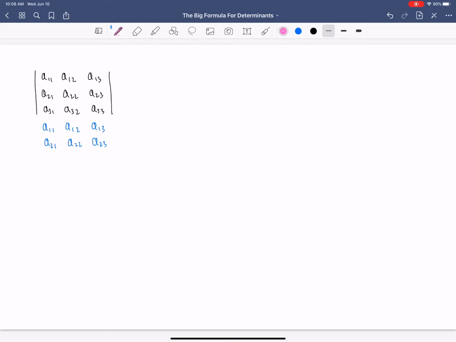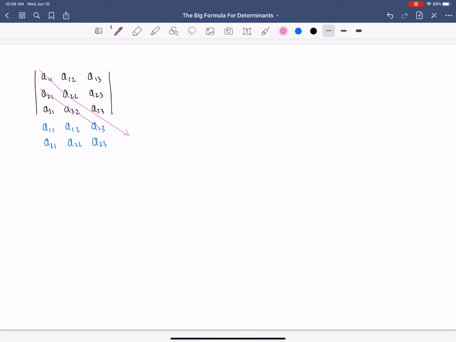Now, I'm going to be looking for diagonals that contain 3 components. So here is one diagonal right here. It should hit A11, A22, A33. Okay, maybe I'll go back if this lets me. Oh, it doesn't. Okay, so you're going to have to live with that. And then, so that's an arrow in this direction.